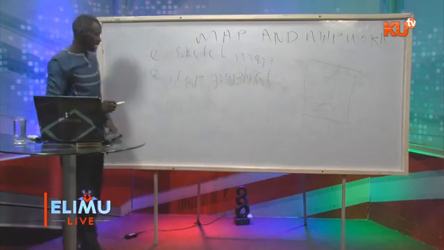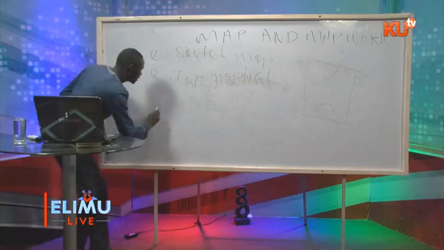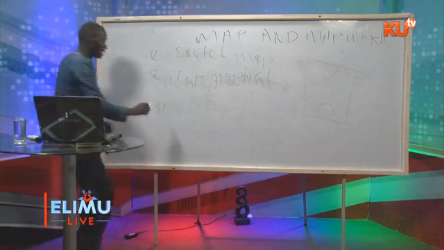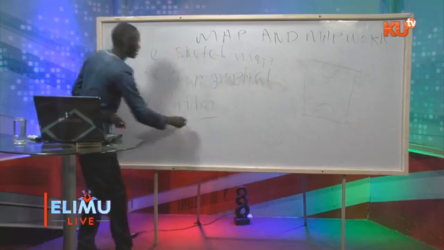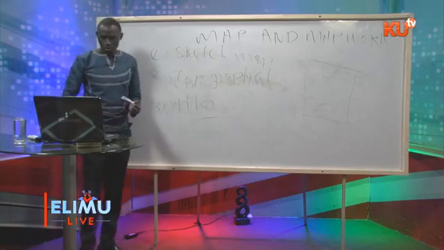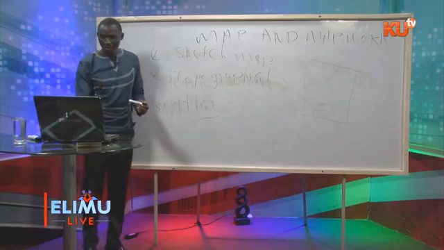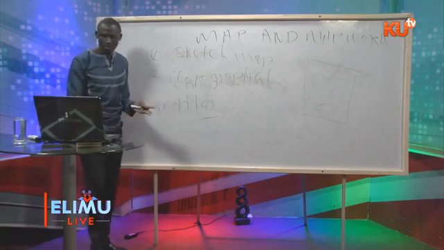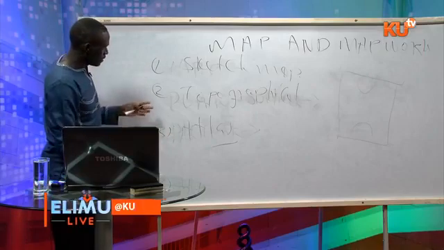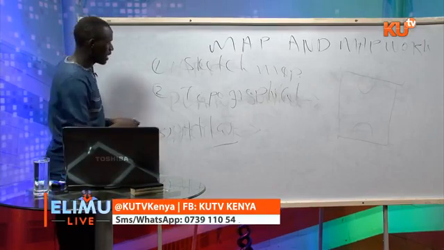And the last one is atlas maps. So these are the three types of maps that we'll be focusing on and see how they're done.